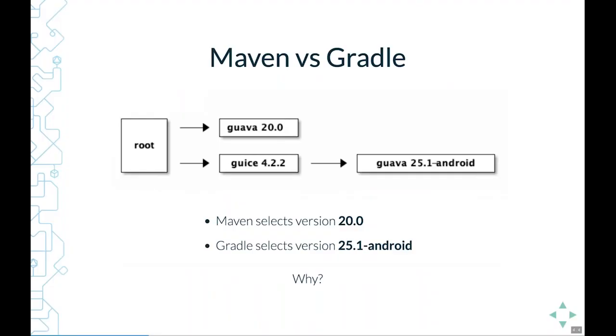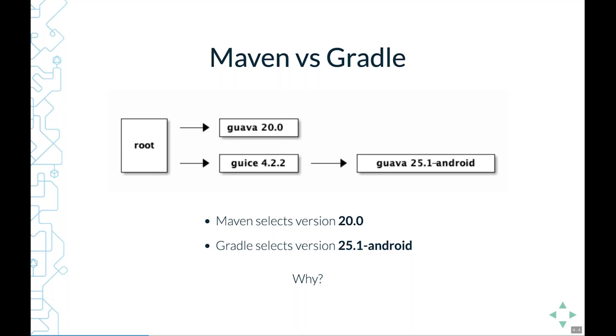But in the real world, what you would get is something like that, and we would like to explain the differences between Maven and Gradle in dependency resolution and in conflict resolution, because this is basically a question we get often. Why does Gradle not resolve the same as Maven? So often our answer is to say we don't want to reproduce the same bugs. So this is our explanation to this.